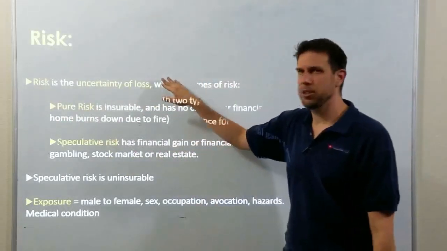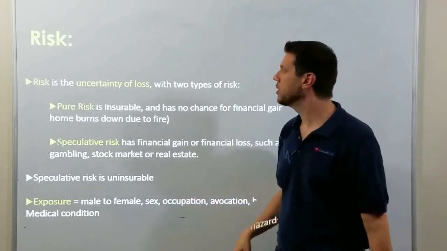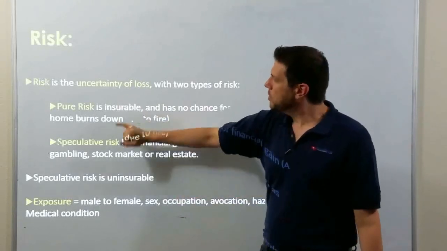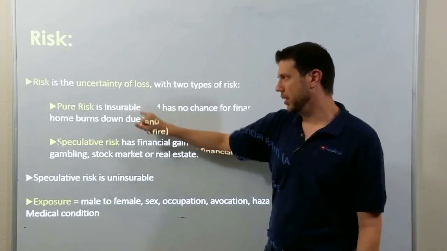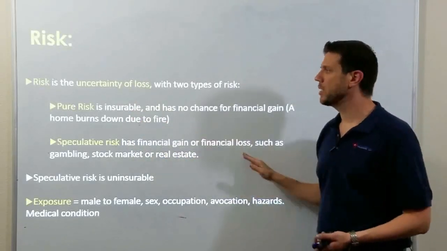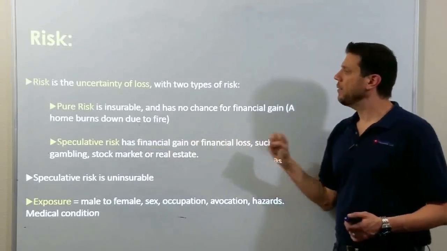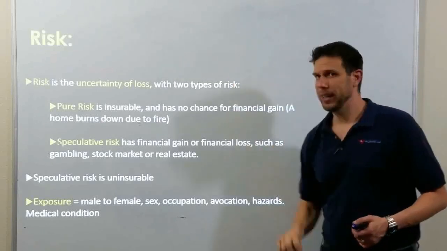Risk is the uncertainty of loss. Every day you take a risk. You never know when you'll have a loss. There's two types of risk, pure risk and speculative risk. Pure risk is insurable. Speculative risk is not insurable. Speculative risk is when you have the chance for financial gain or financial loss.